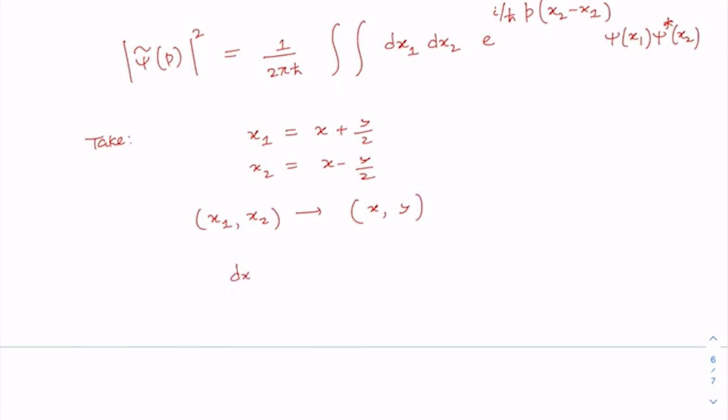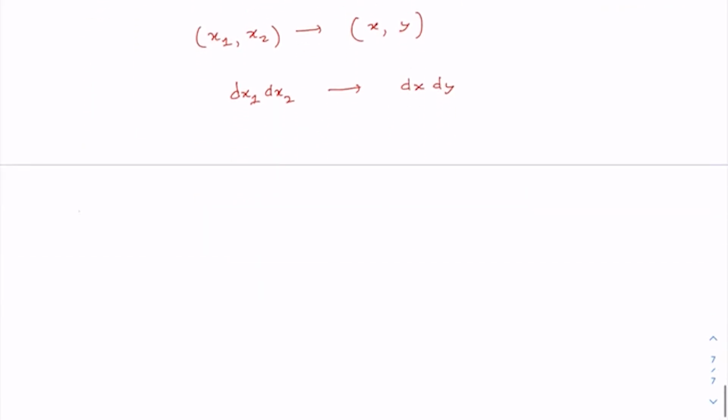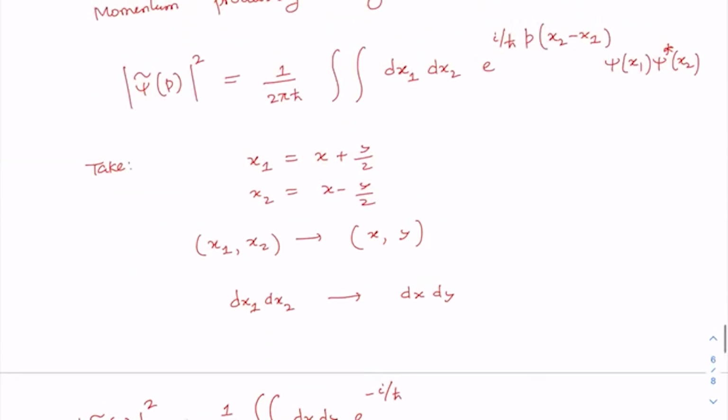So therefore I can write this dx dx', this product would be simply the product of dx dy, and therefore I can now write my momentum probability density in the new variable as |ψ̃(p)|² equal to 1 by 2πħ, and you will have here dx dy, double integral e to the power minus i by ħ.